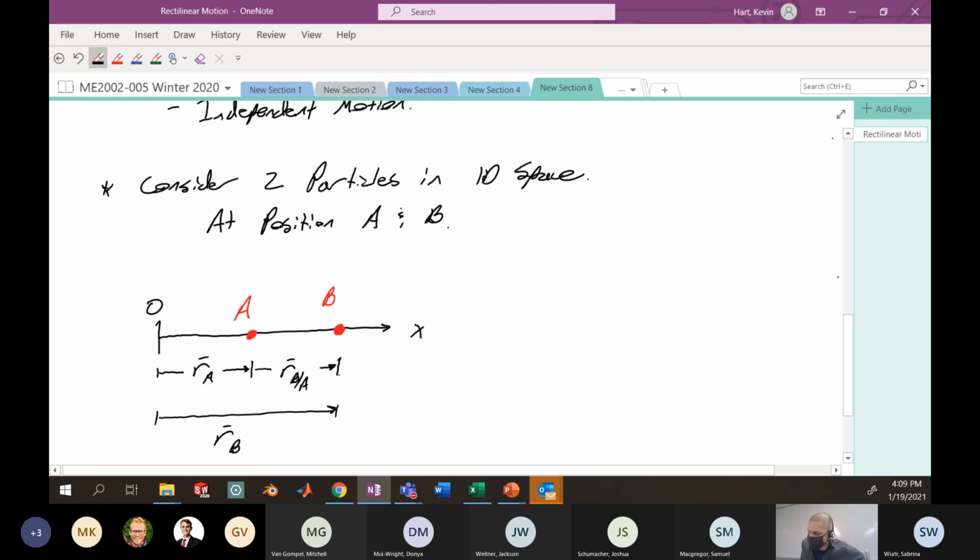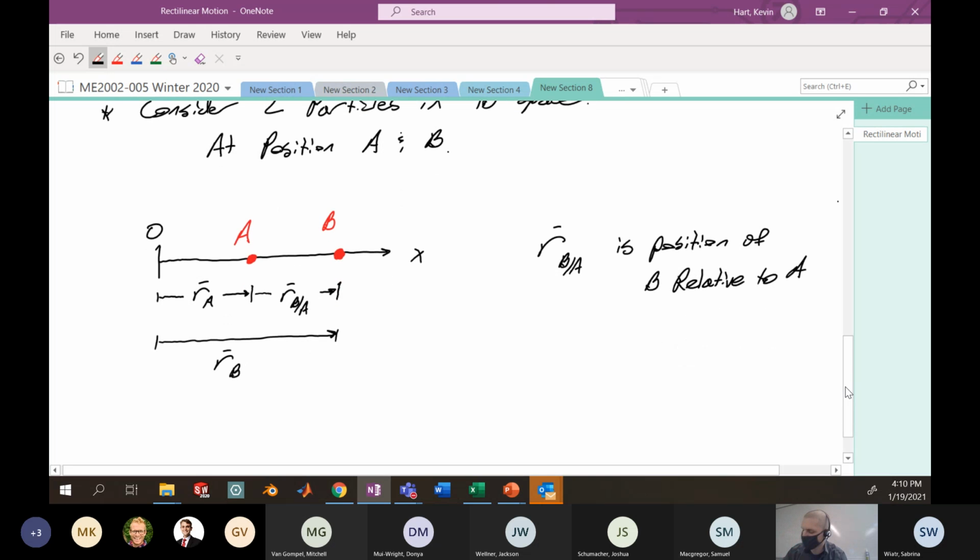I read this as the position vector arriving at B from A. Some people say it's the position of B relative to A. However you're comfortable thinking about it is fine. But I'll say here R_BA is the position of B relative to A.